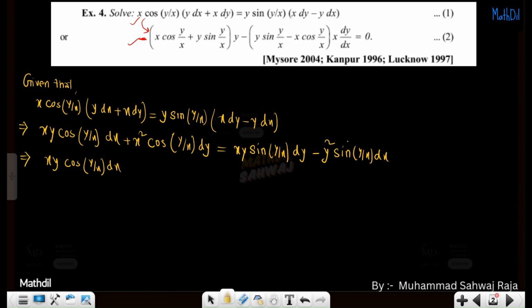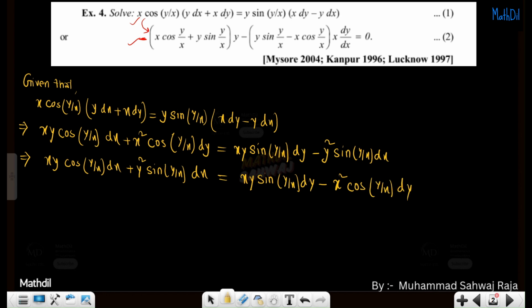When we take this term to the left-hand side, it will be plus y square sin(y/x) dx, equal to xy sin(y/x) dy. Now take this term to this side, it will be minus x square cos(y/x) dy.